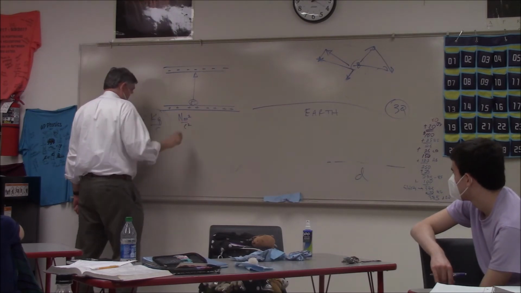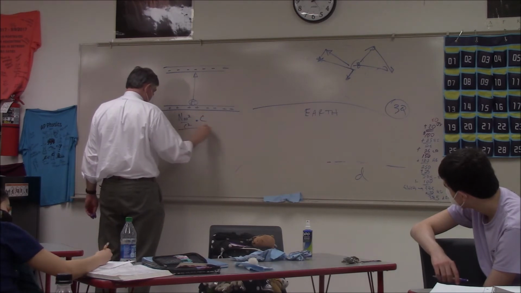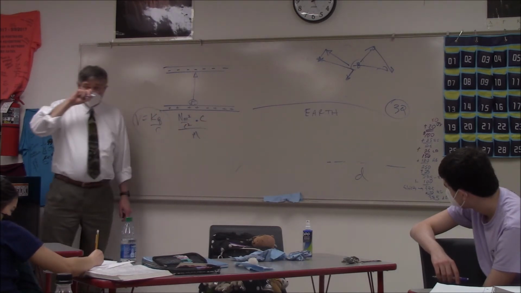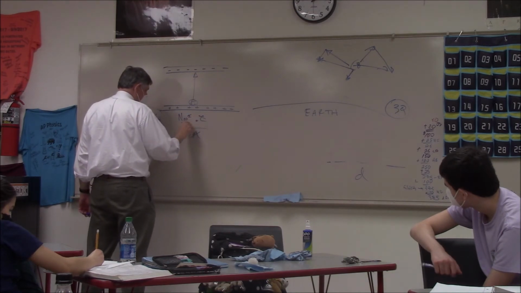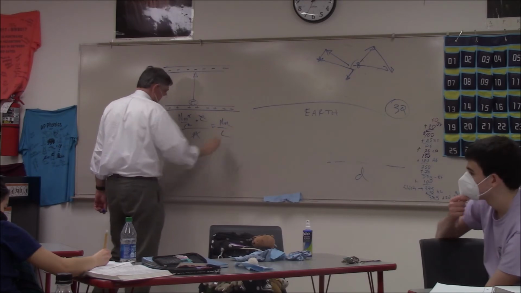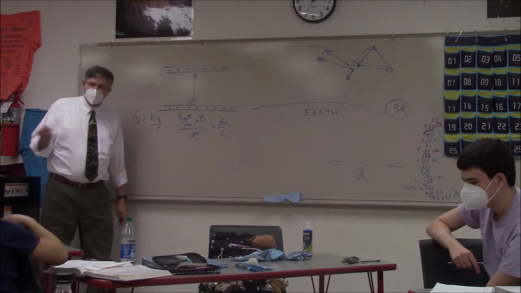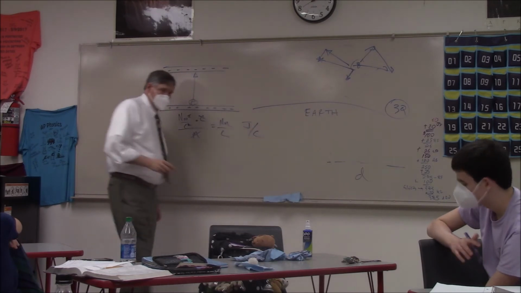Then if I multiply that by Q, I get coulombs, and I divide by meters, right? That's going to cancel out one of those coulombs. I get newton meters per coulomb. Newton meters are the same thing as joules. So that's joules per coulomb.